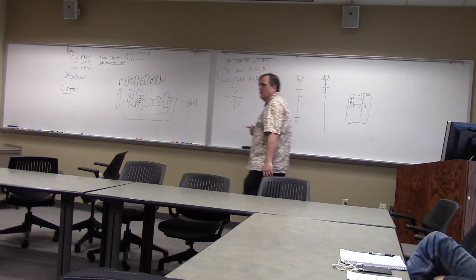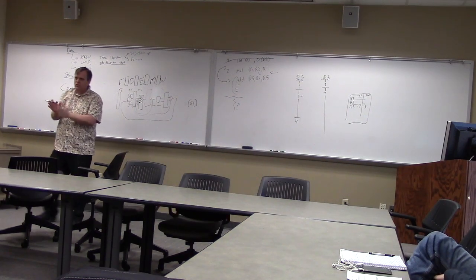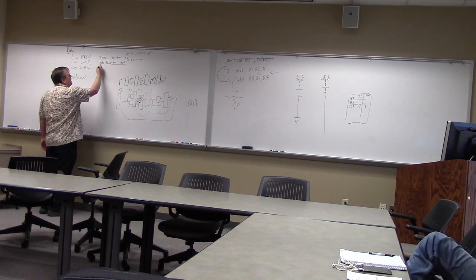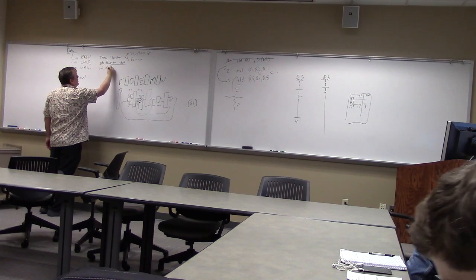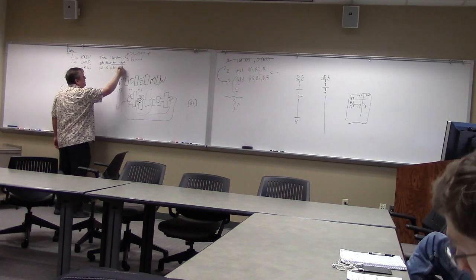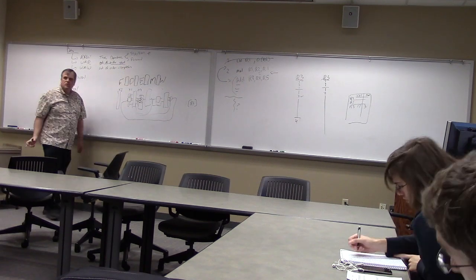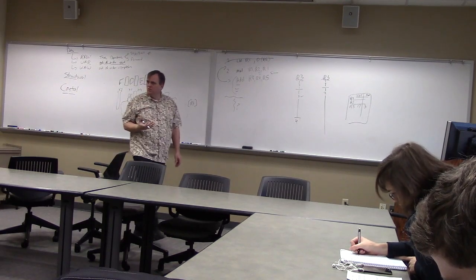So I could do it by scoreboarding and reordering, but then I have to make everything finish in sequence. I can do it with the renaming, and it still takes care of that problem. Does that make sense?